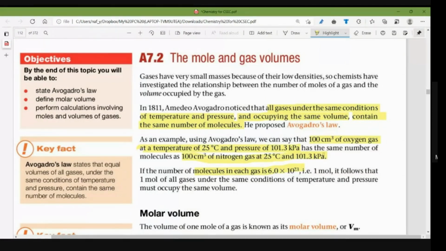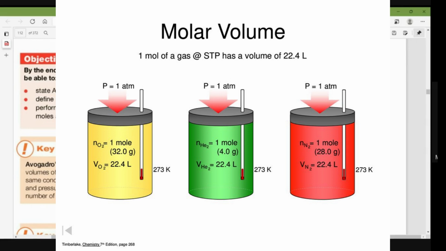So if the volume and the conditions are the same, there are 6 times 10 to the 23rd molecules of that gas.